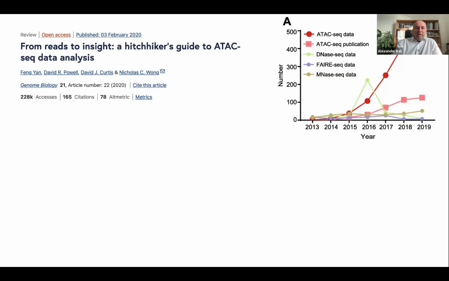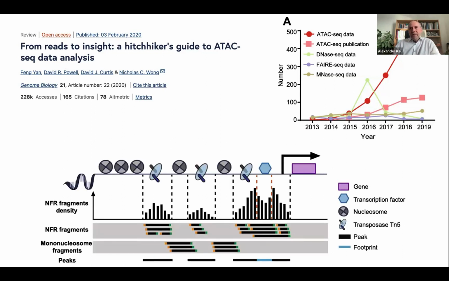And I will show a little bit of slides from that review, just to introduce to you what ATAC-seq is and which methods are in general used to analyze this data. So basically, ATAC-seq is a way of analyzing epigenomic information from the cell. There is a specific enzyme called transposase Tn5, which is used to cut areas of DNA which are free from nucleosomes.